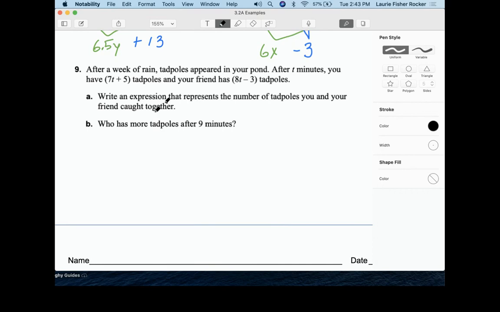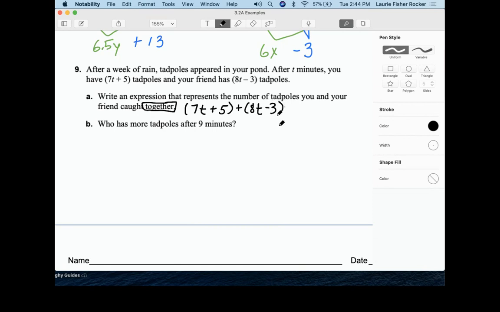Okay, so together implies that we're going to add these. I'm assuming we're going to write this expression in simplest form. So we're going to start with writing this down. If it's together, we're going to add 7T plus 5 plus 8T minus 3.